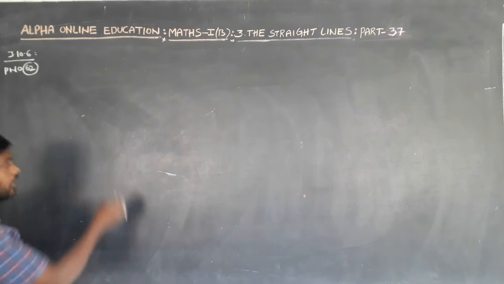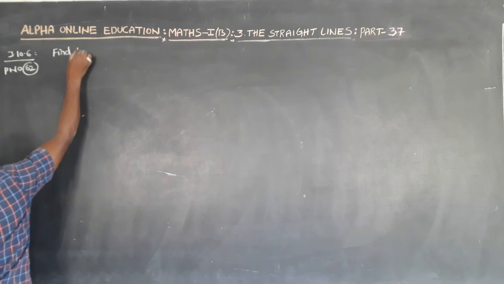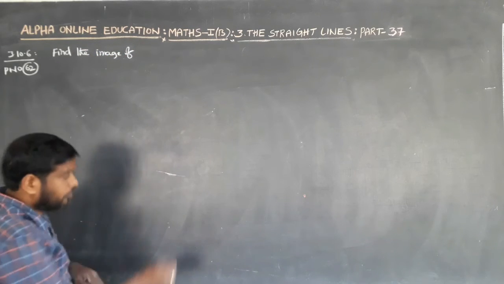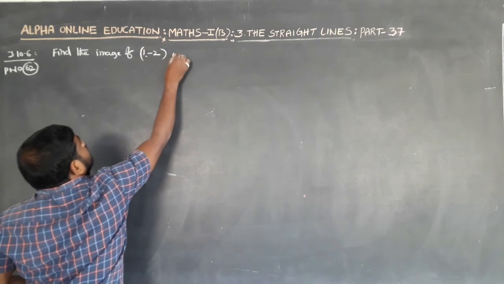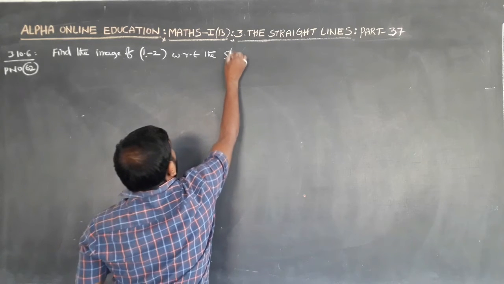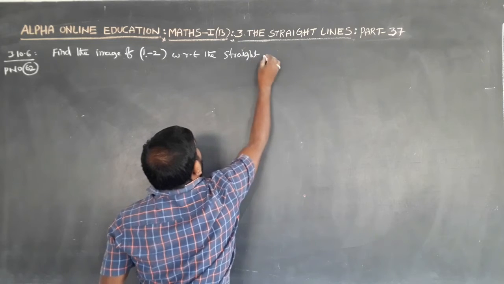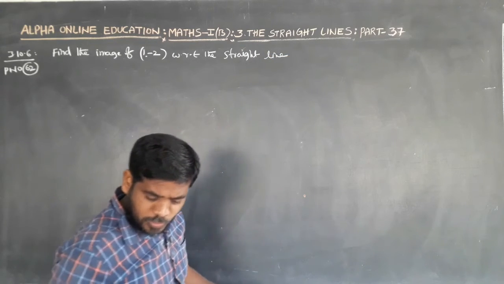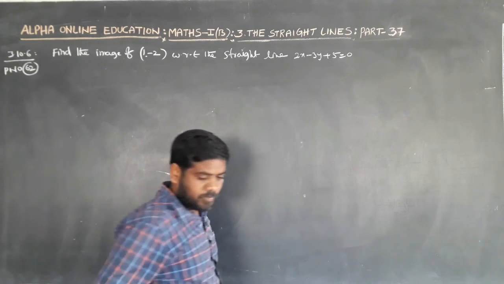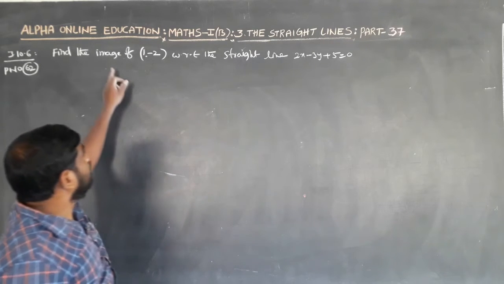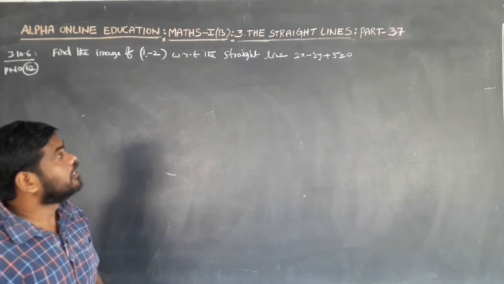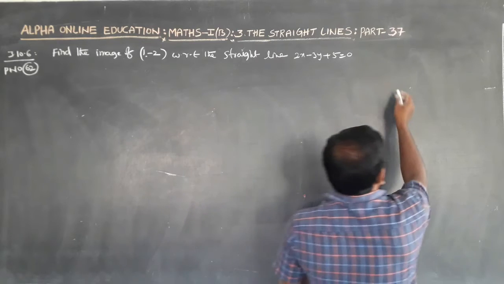Find the image of (1, minus 2) with respect to the straight line 2x minus 3y plus 5 is equal to 0.